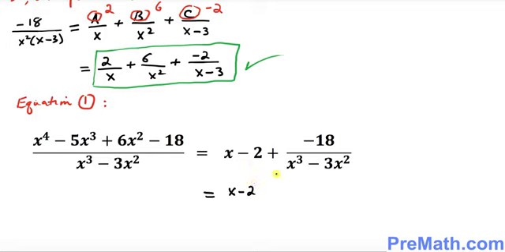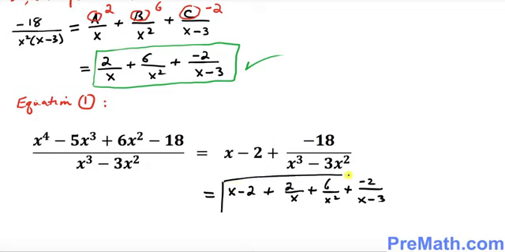That was part of our long division, plus we got 2 over x plus 6 over x square plus negative 2 over x minus 3, and that is our complete answer.